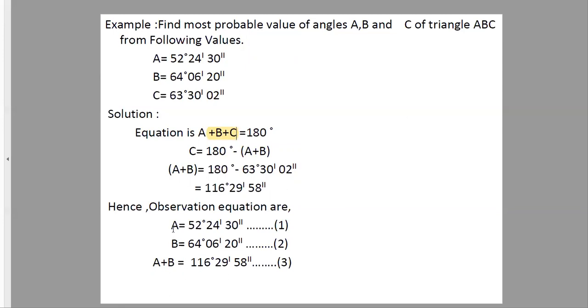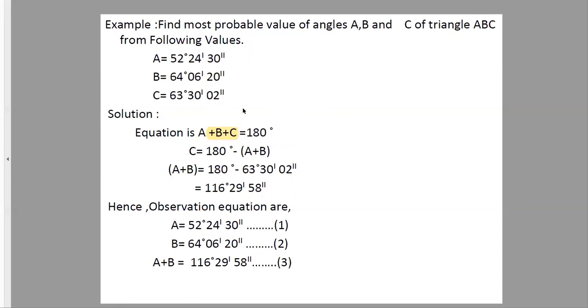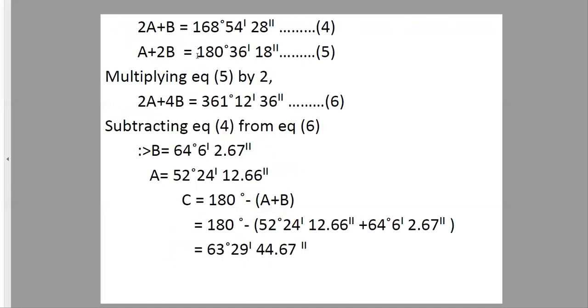We just simply add the first and third. Then 2A plus B is equal to 168.54. Similarly, if we add the second and third, this will become A plus 2B, and we have to add them. So this comes to 180 degrees, 36 minutes and 18 seconds.